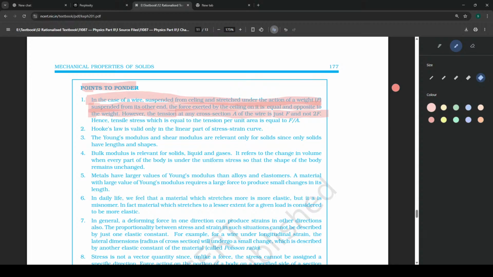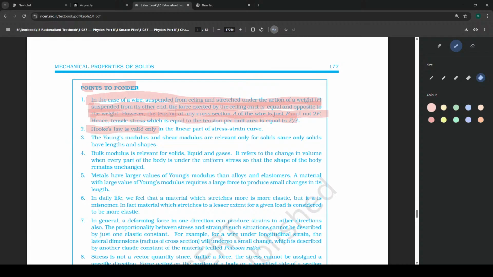The only thing pulling the wire downwards is the applied weight, the load. So the tension is only due to the weight, and it is F. The stress, which is tension per unit area, is F/A.